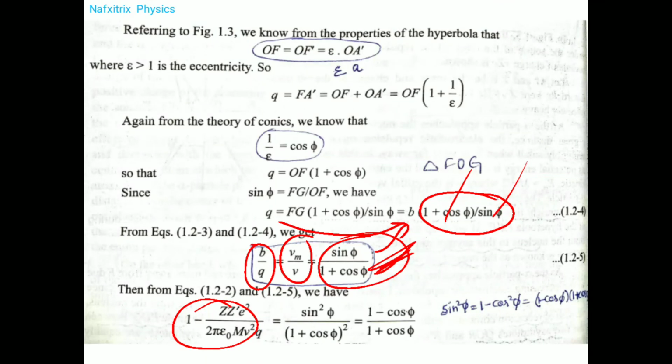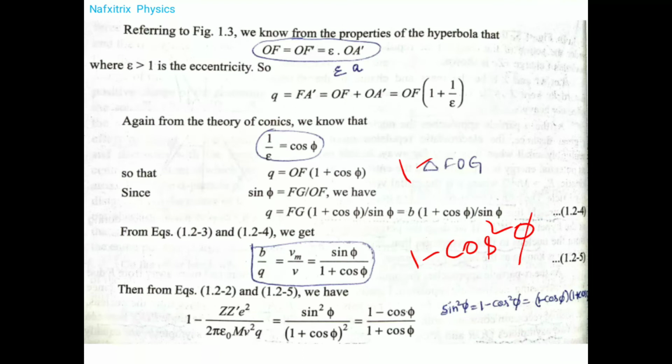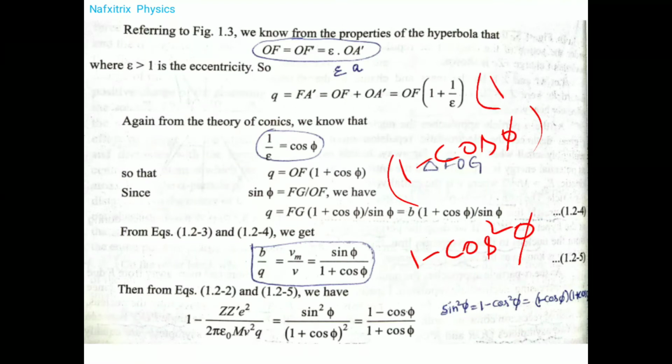And again here, just a simple calculation. Sin square phi could be written as 1 minus cos square phi, since sin square theta plus cos square theta is nothing but 1. So 1 minus cos square phi could be written as 1 minus cos phi into 1 plus cos phi, because a plus b into a minus b is nothing but a square minus b square.